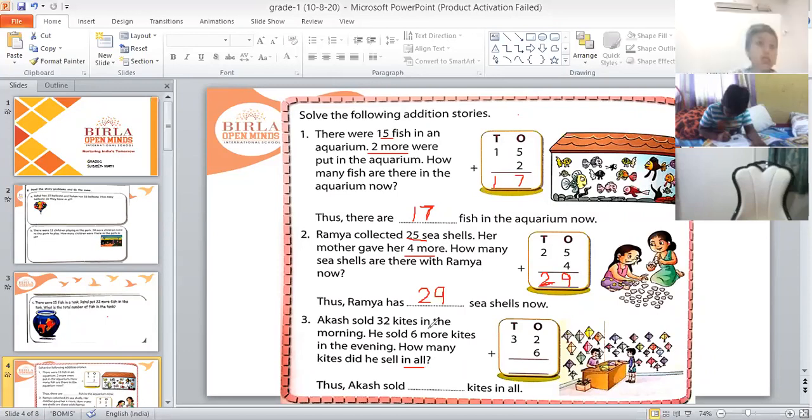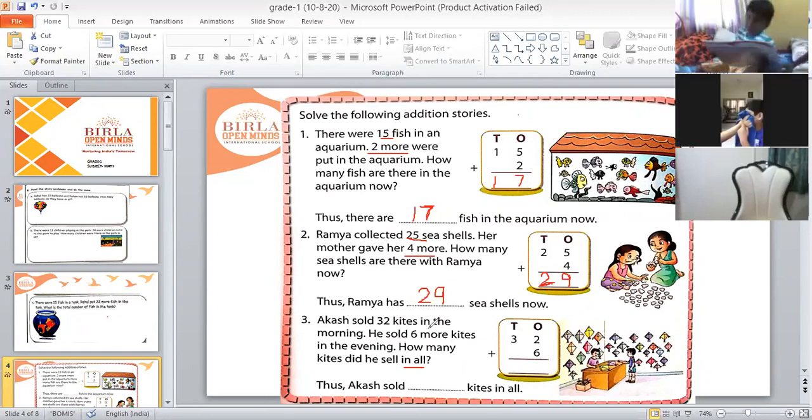You all know what kites are? Yes, so he sold 32 kites, and besides those 32 kites, he sold 6 more kites in the evening. Now they are asking how many kites did he sell in all. So this means we have to do addition, children.